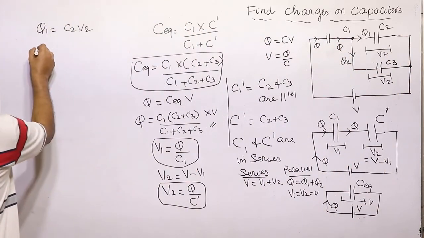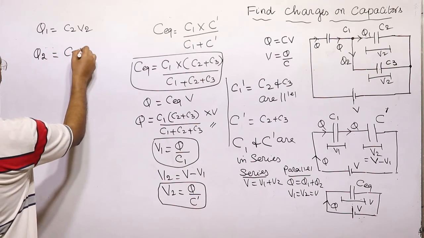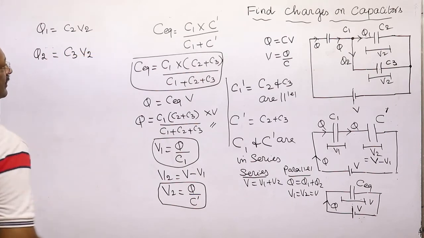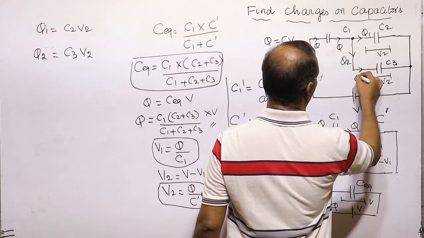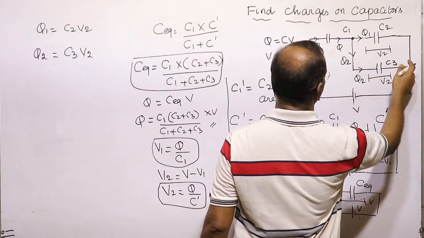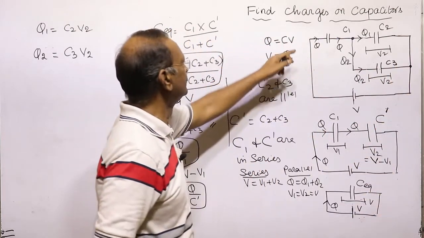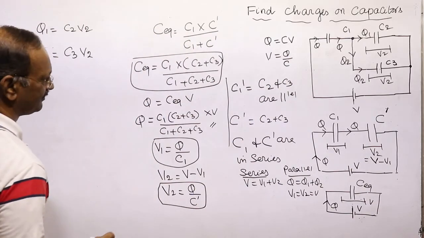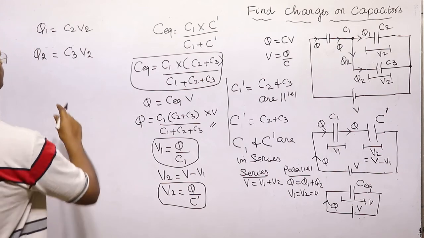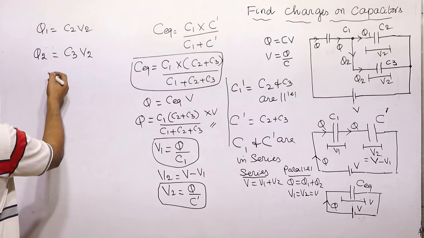And what about Q2? Q2 is equal to C3 into V2, because the same voltage is applied here also, since Q is equal to CV. V2 we have found out, and V1 is equal to Q by C1.